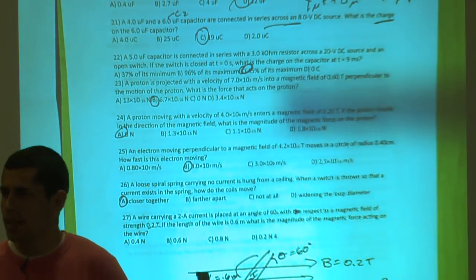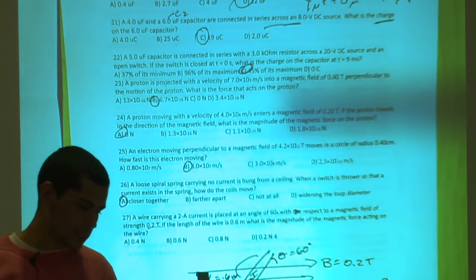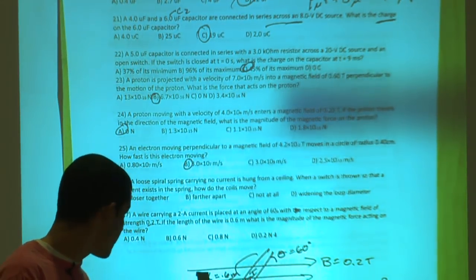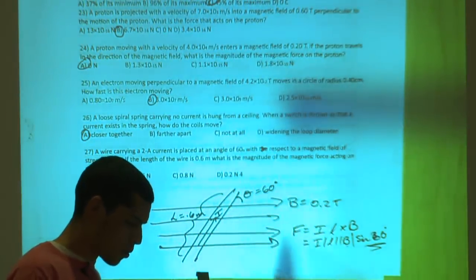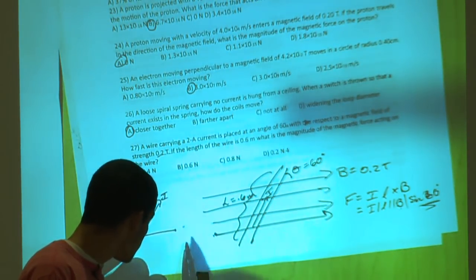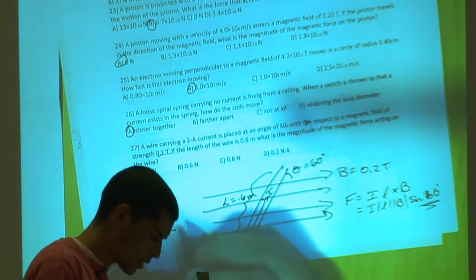And if you forget whether it's sine or cosine, I always do that too. What I like to think of is we want the magnitude that is perpendicular to our magnetic field, right? So we're going to break up our current into its perpendicular and its horizontal components. So here's theta.